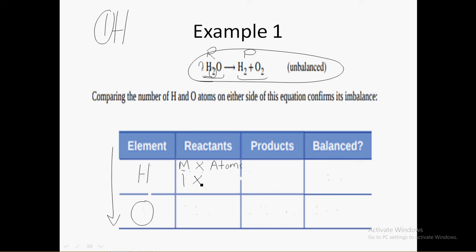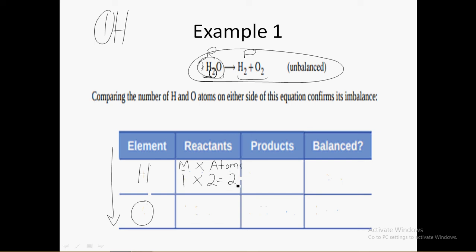One times how many atoms of hydrogen? 2. So one molecule of hydrogen times 2 atoms of hydrogen. One molecule of water, we can say, one molecule of water times 2 atoms of hydrogen. 1 times 2 is equal to 2.